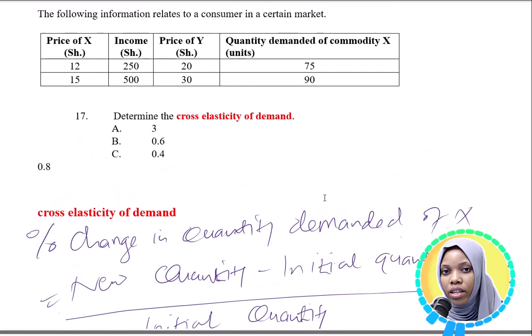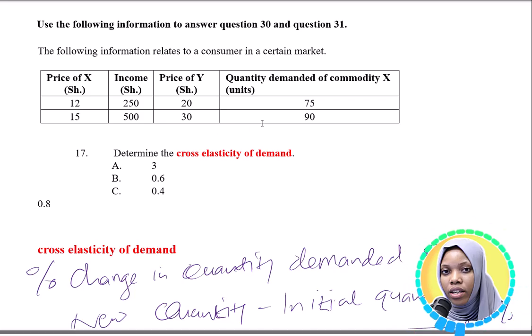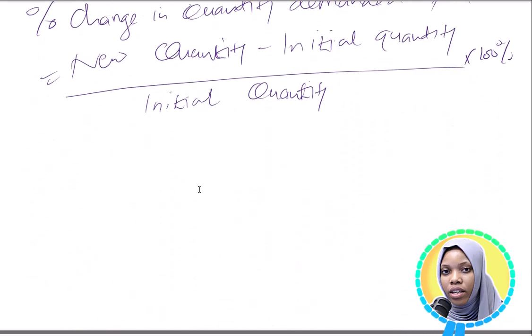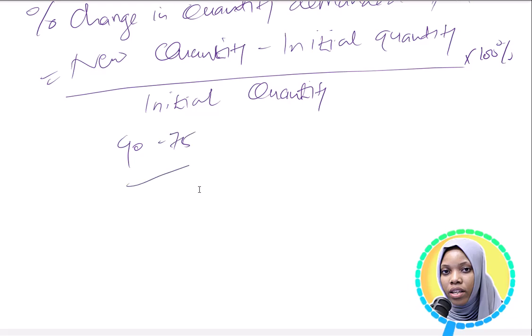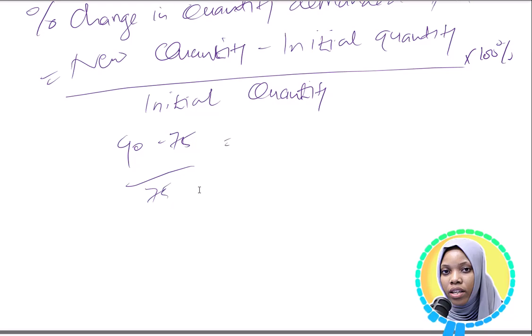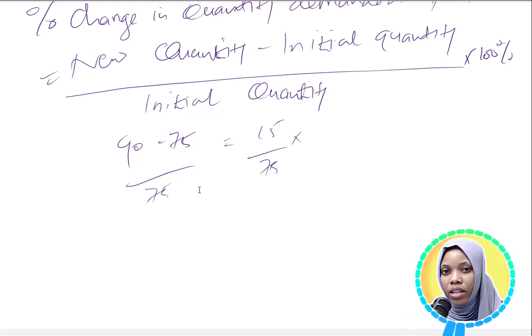So our new quantity is 90, and our initial quantity is 75. Then divided by 75, it's going to be 90 minus 75 over 75, which is 15 over 75 multiplied by 100%.